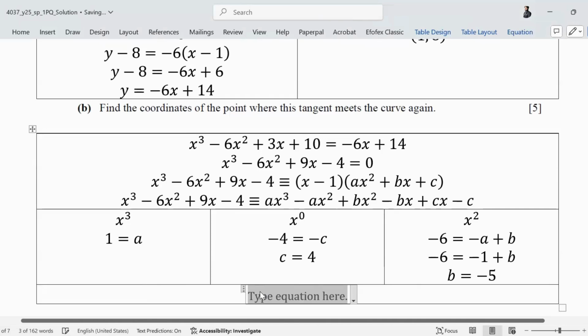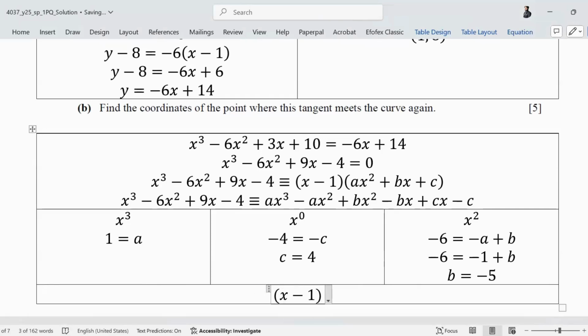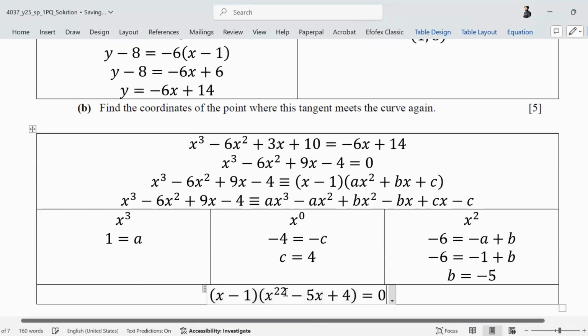If I write the same cubic expression in the factorized way, the value of a was 1, so x squared minus 5x plus 4 is equal to 0.